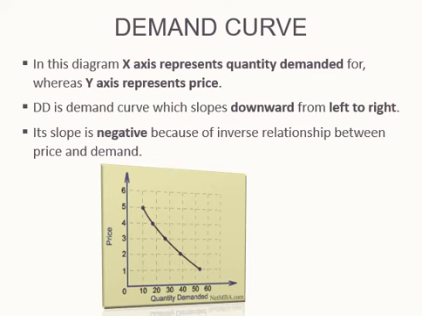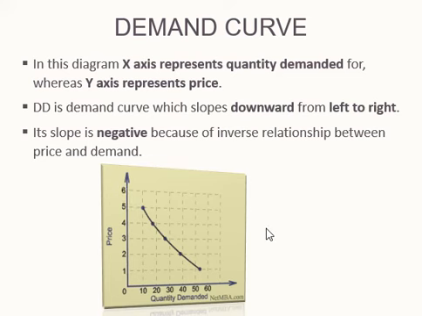Here we can better understand the concept with the help of this graph, wherein we can see that the x-axis represents the quantity demanded and the y-axis measures the price, from 0 till 6.